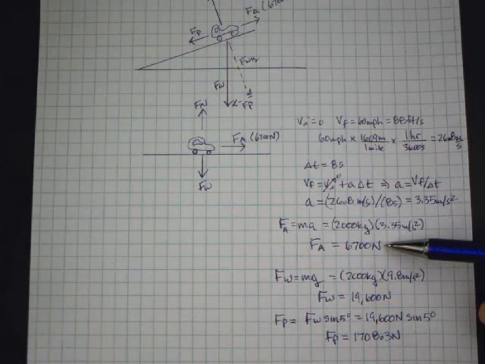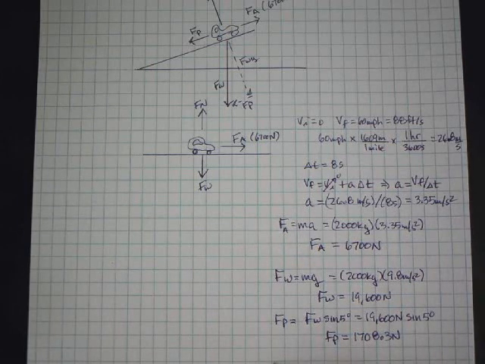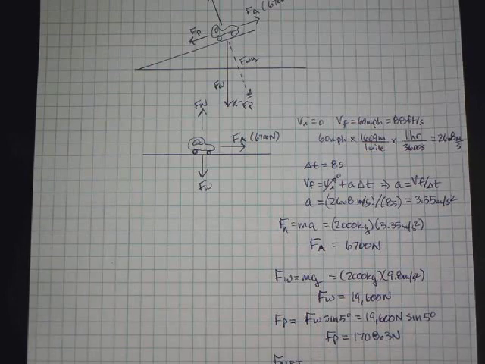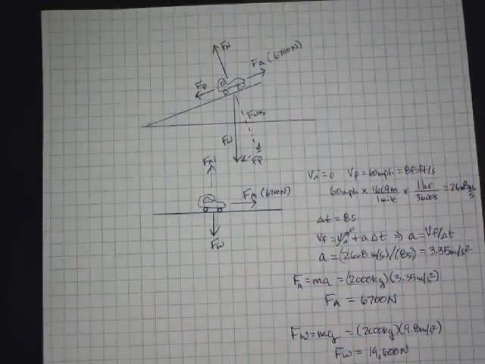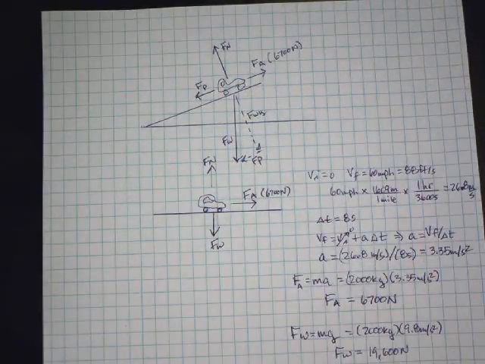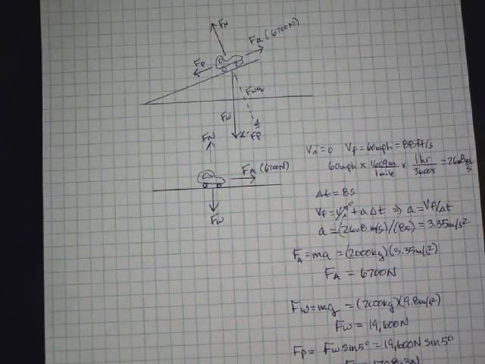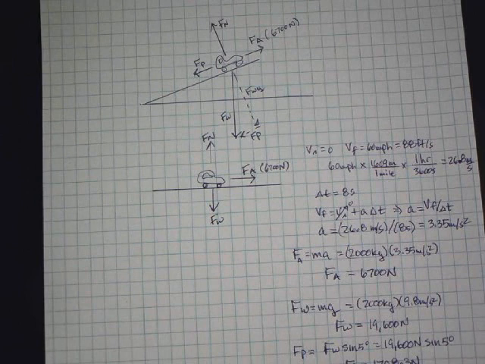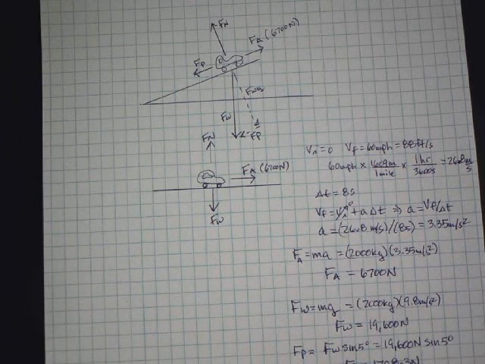Okay, we're going to be doing this much force to go up the hill. And so our net force along the inclined plane, along the motion, that's these two forces. So that's going to equal, notice that I'm subtracting because one's going up the hill and one's going down the hill.